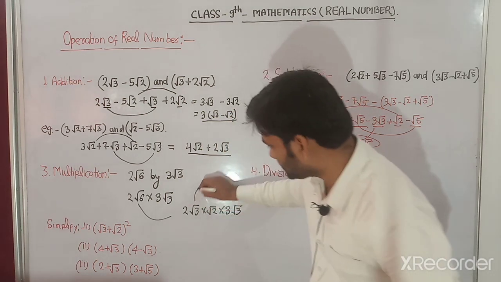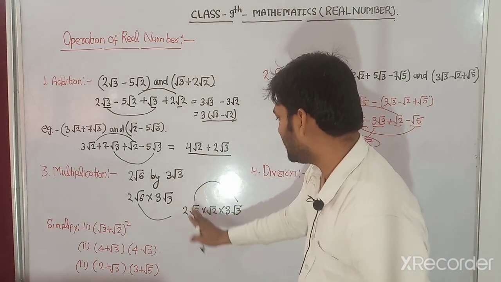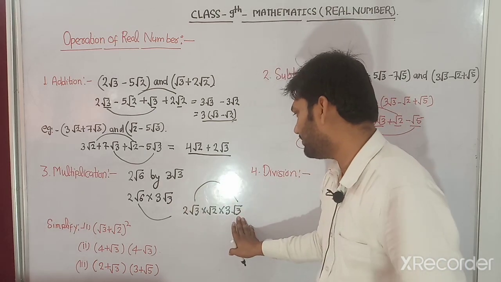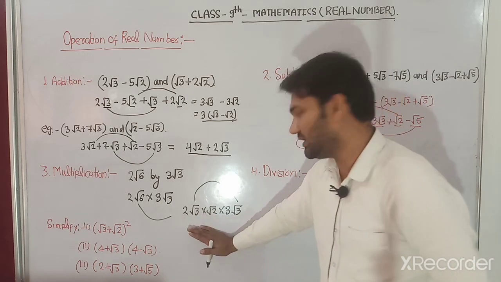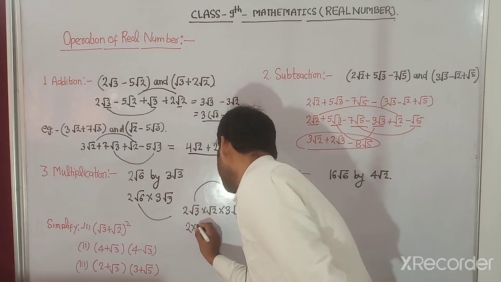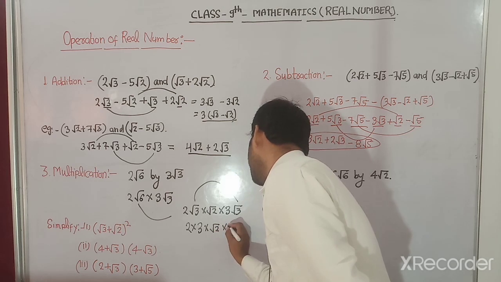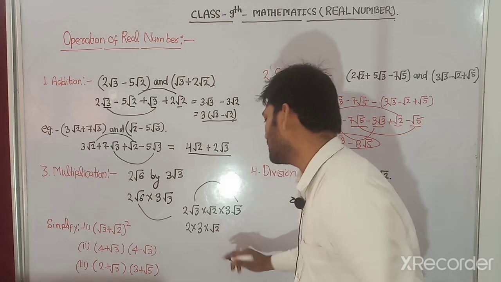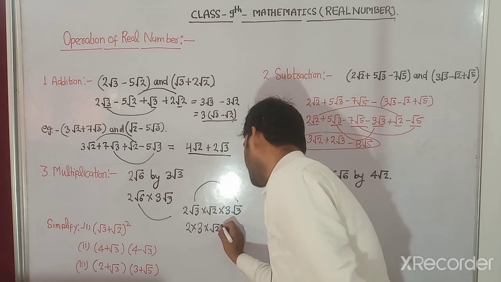Then root 3 times root 3: both are power 1 by 2, and since the bases are the same, the powers are added, giving 3 power 1. The answer will be 2 into 3 into root 2 into 3.